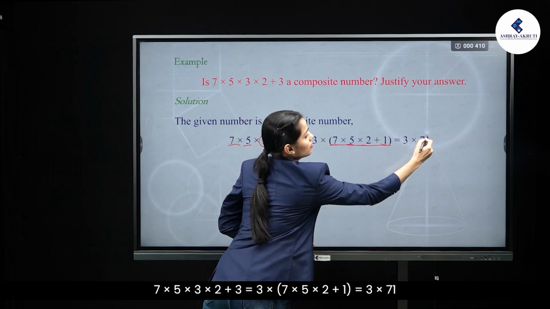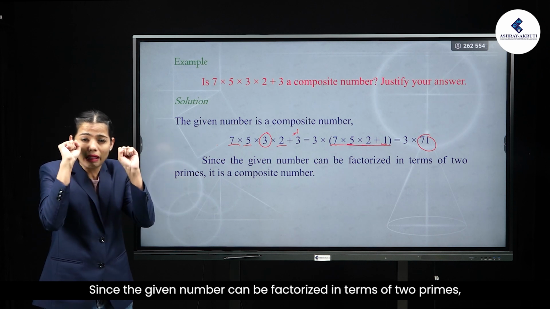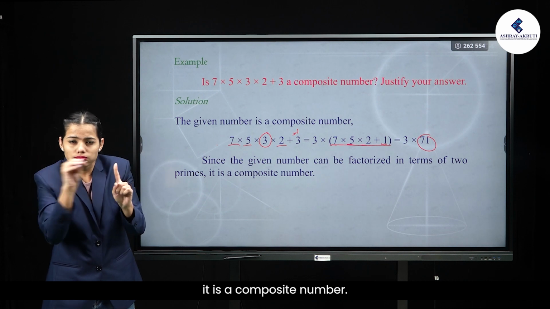Since the given number can be factorized in terms of 2 primes, it is a composite number.